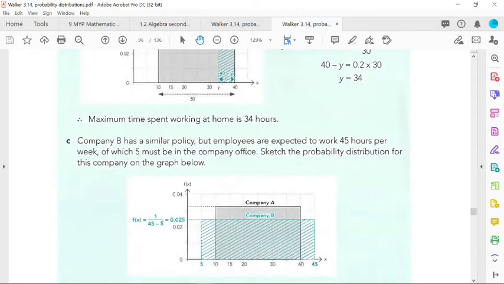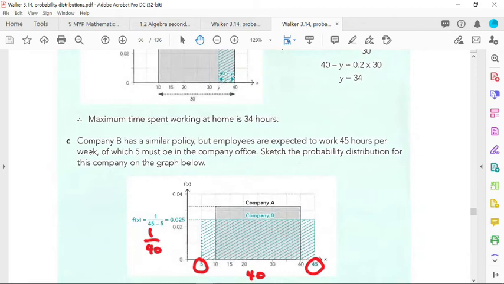Okay, so this time, employees are expected to work 45 hours, and everybody spends the first 5 hours in the office, which is why we don't care about that part. So it's from 45 to 5, which is a distance of what? 40, which gives us a height of 1 over 40.